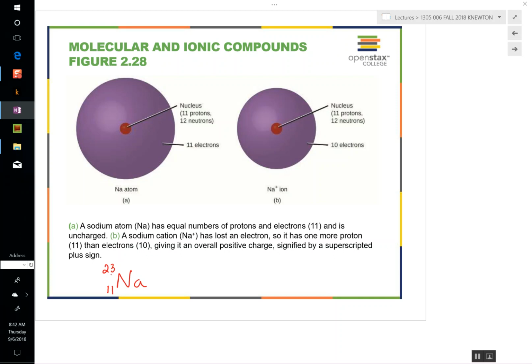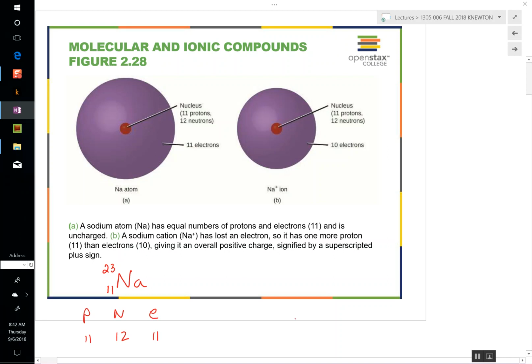But what sodium atoms do, and actually everything in that first column behaves like sodium, is they tend to lose one electron. Not many, specifically one electron, and form an ion. It has 11 protons, 12 neutrons, 11 electrons.